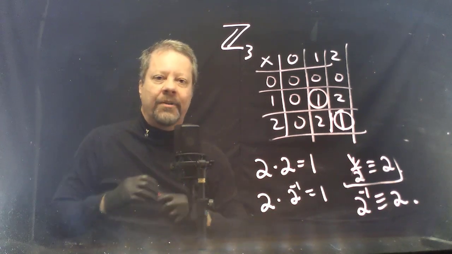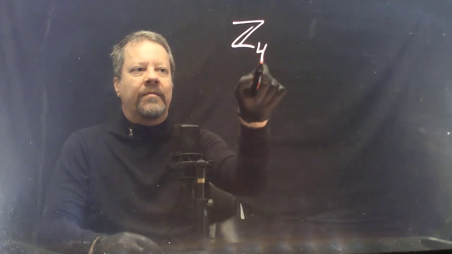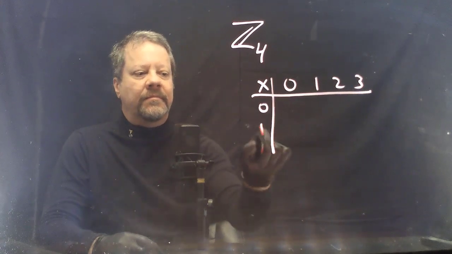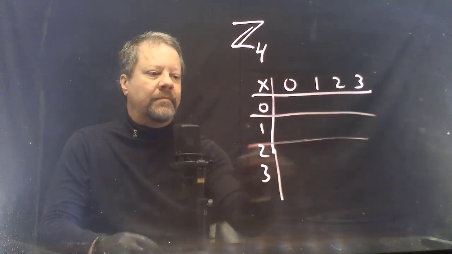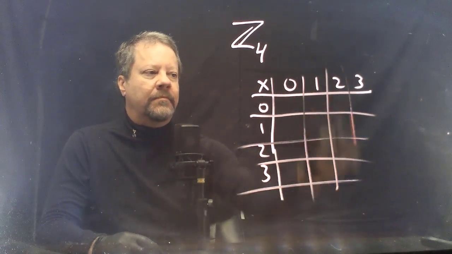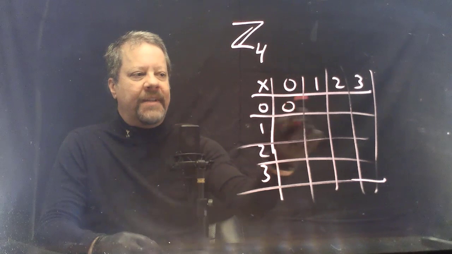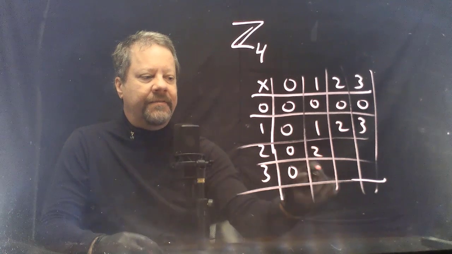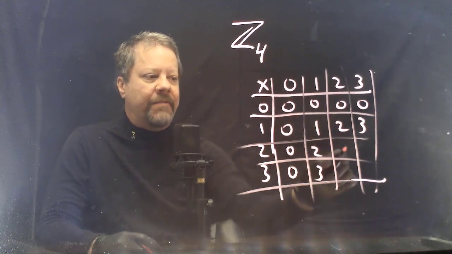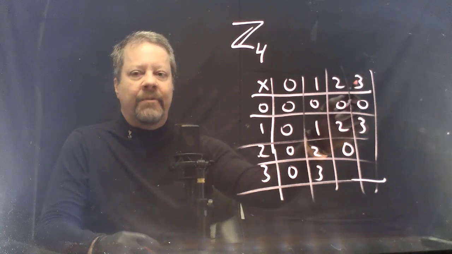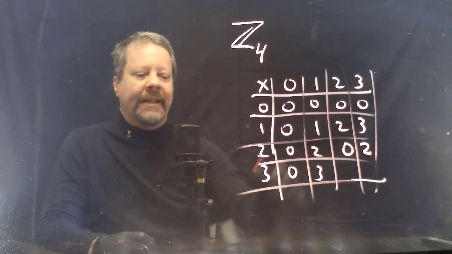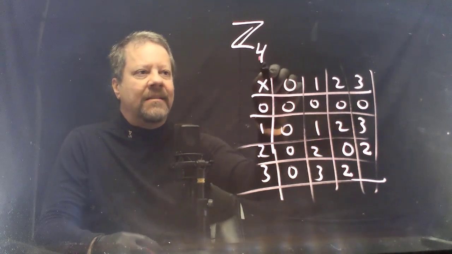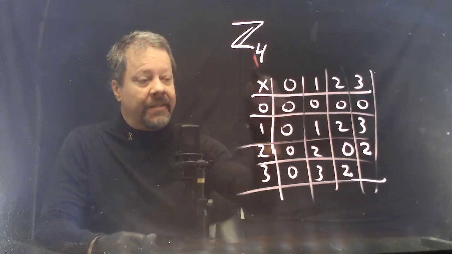Now let's look at a different ring. Let's consider Z4, and in particular its multiplication table. Zero times anything is 0. 1 times anything is itself. 2 times 2 in Z4 is 0. 2 times 3 would be 6. Subtract 4. You get 2. Same thing with 3 times 2. 3 times 3 would be 9. Subtract 4. That's 5. Subtract another 4.